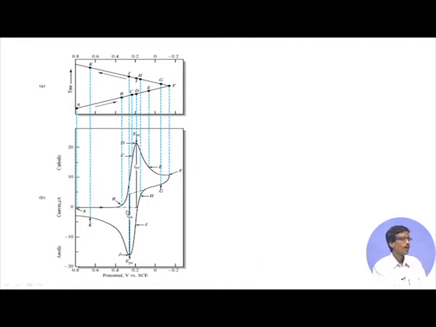So, here what we find in these typical measurements is, when we move from A to B, the linear sweep is like that. When we move from A to B the current is not changing much. A to B is a very long scan, but B to C is not very much, yet you see the current is increasing like anything, B to C and C to D. In this particular range the current is increasing, but your waveform for potential is changing linearly.